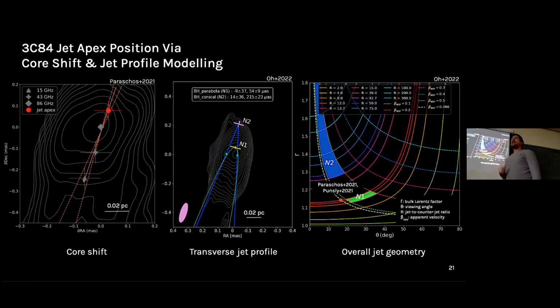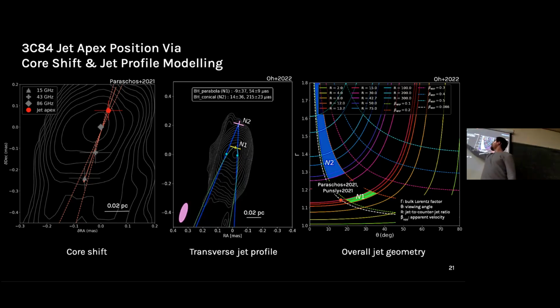However, since we only had 3 data points, we tried also a second method to be more certain of our results. This is the middle panel. What we did here is we took 6 epochs of 86 gigahertz over a time range of around 7 years. We stacked them, and then we fit to the jet opening a parabola, which is the dotted line, and a cone, which is the continuous line.